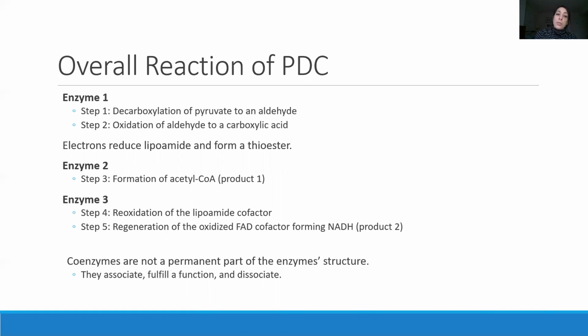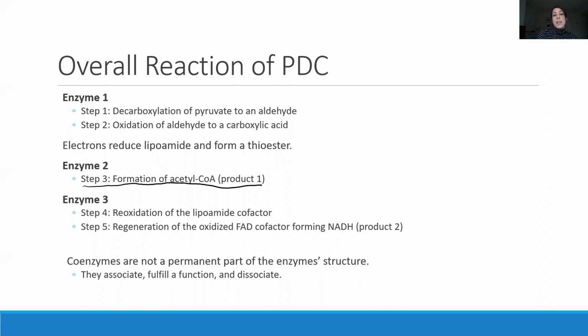We'll look again closer at that. This is going to be one of those coenzymes that are working with the enzyme to help achieve the product. Enzyme 2 is actually where we form acetyl-CoA. So the production of acetyl-CoA occurs right here.